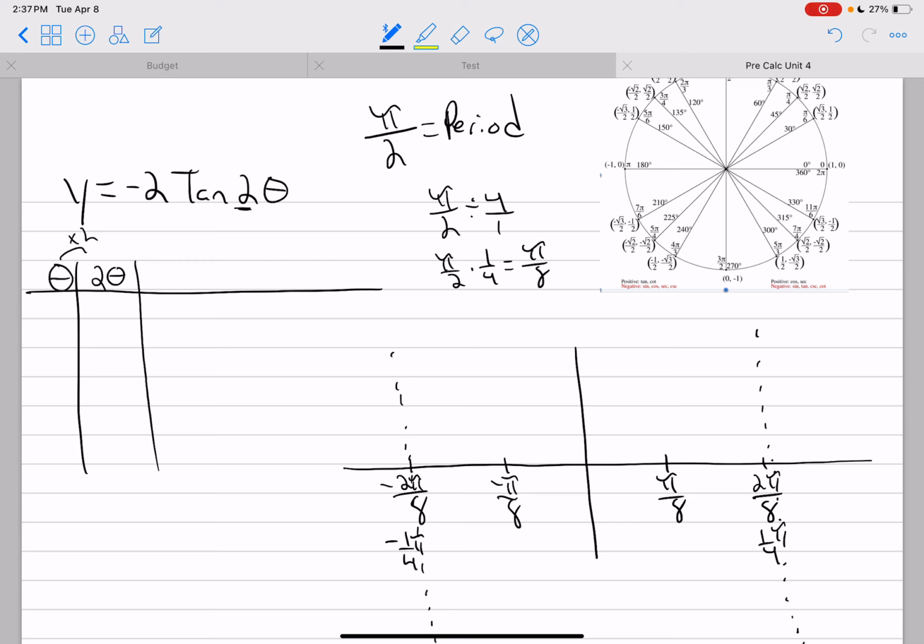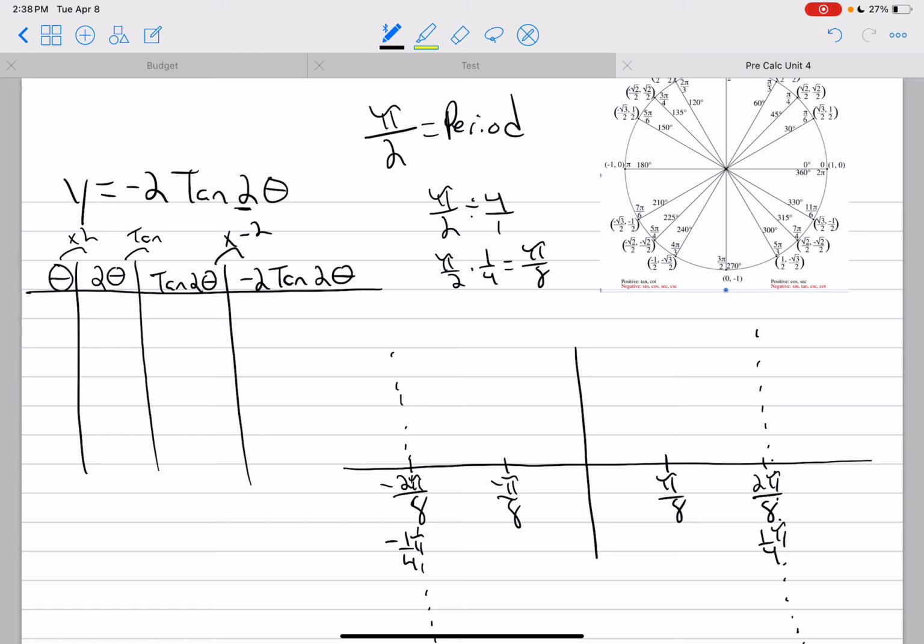Okay. And I have to take the tangent of that. So I get the tangent of 2 theta next. And then I have to times it by negative 2. Negative 2 tangent 2 theta.